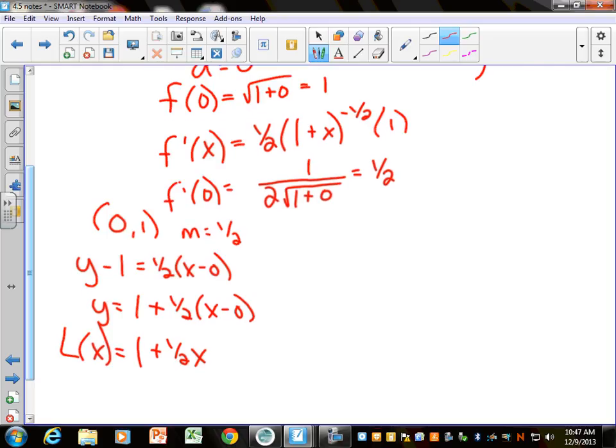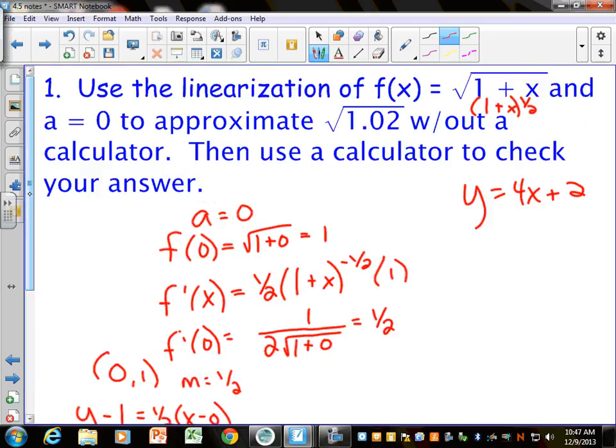That is our linearization. What do they ask us to do? Use the linearization to approximate this value. So I think this is kind of the tricky part of this. What are we going to plug in to our function here to approximate this value? Or basically, what would x have to be? What x would I have to plug in here to get this number out of it? 0.02.